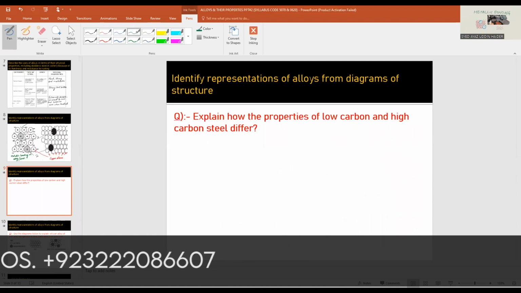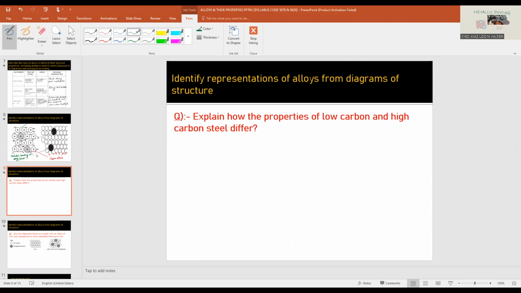Here's the past paper question. The answer will be like this. First of all, I'm going to read the question. Explain how the properties of low carbon and high carbon steel differ. Low carbon steel is softer as it is more malleable.